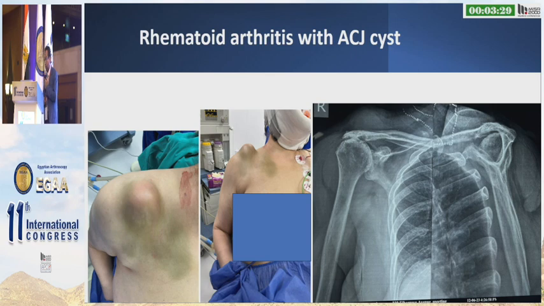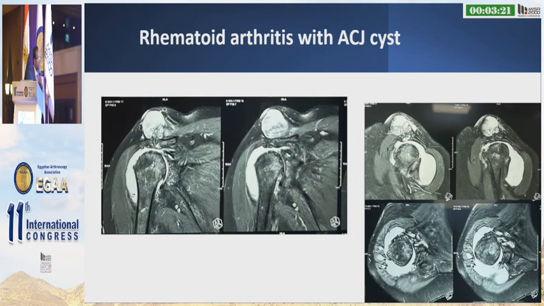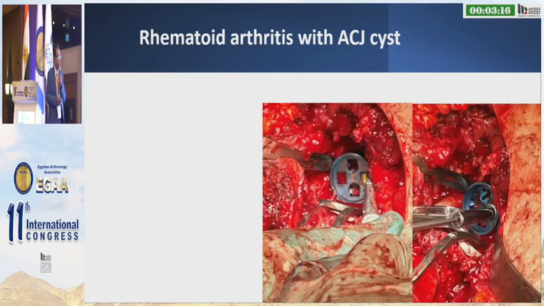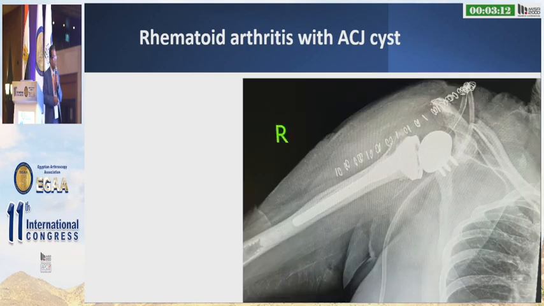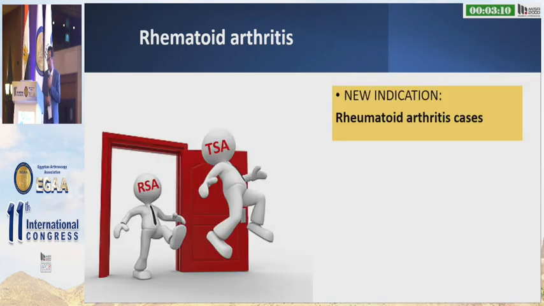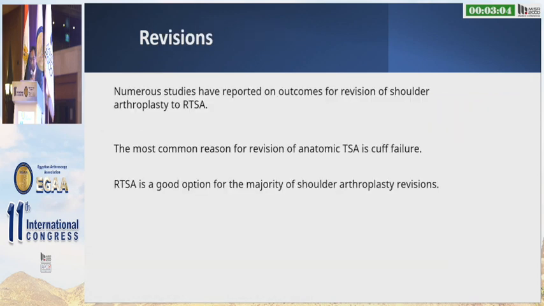This is a case of severe cuff arthropathy in a rheumatoid patient with a huge AC joint cyst, and this is the MRI of the patient with totally complete cuff deficiency. We used a reverse shoulder replacement with excision of the cyst to solve the problem. So another indication for reverse shoulder arthroplasty is rheumatoid arthritis.